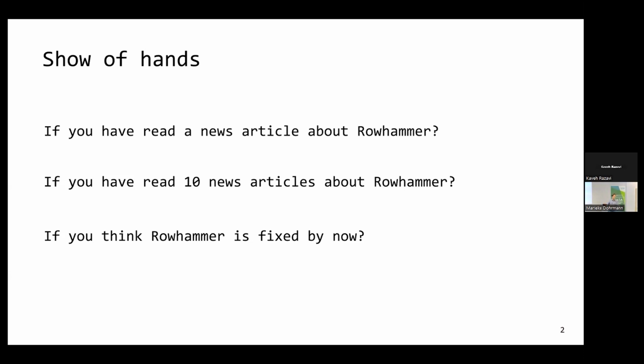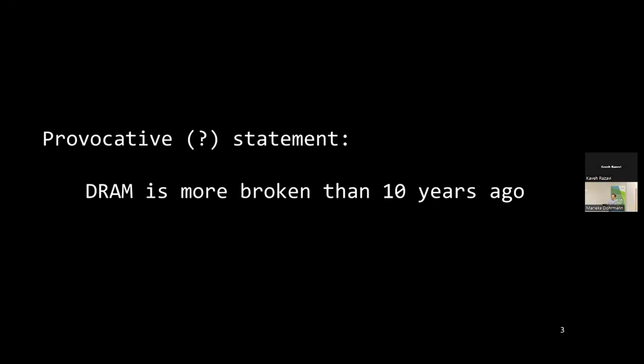So it's in the news at least 10 times. Do you think that Rowhammer is fixed by now? So skeptical. Good, so it's maybe going to make my next statement not so provocative: DRAM is actually more broken than 10 years ago.